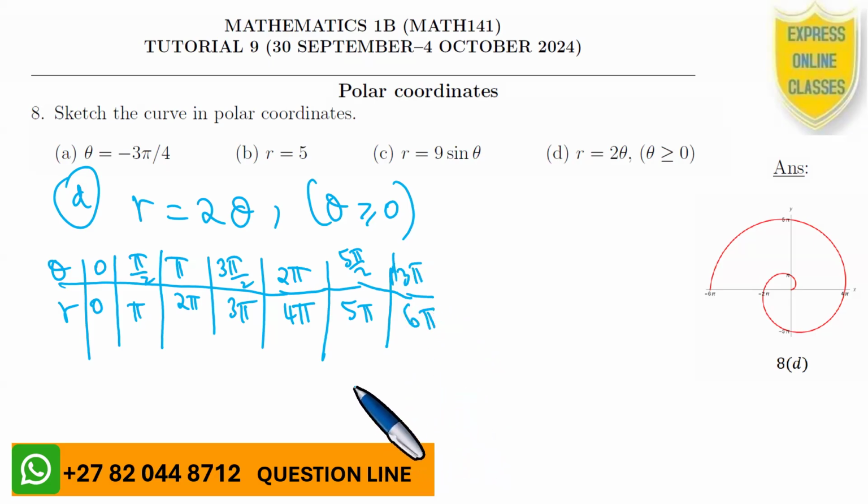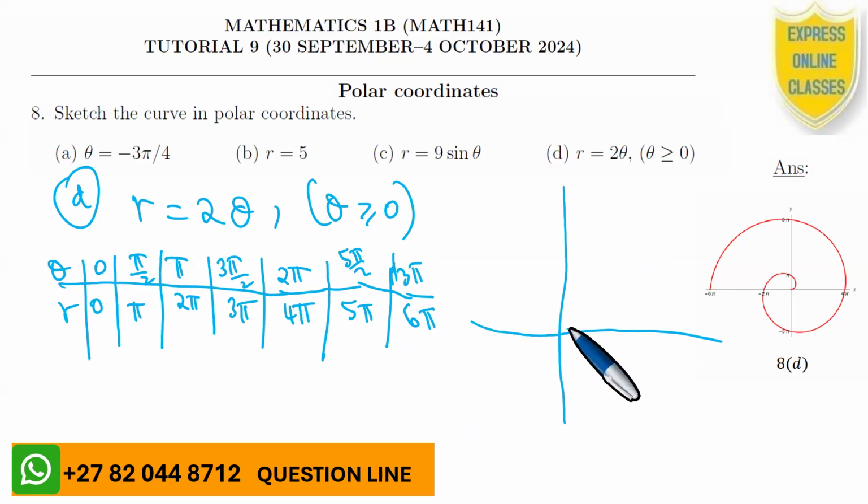Okay, take a look at this. The question then becomes, let us look at what this would essentially give us. At 0, 0, we have exactly the origin.